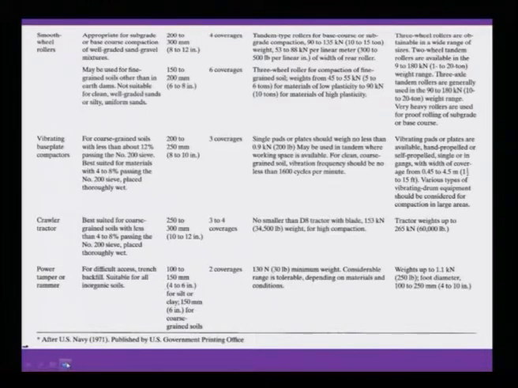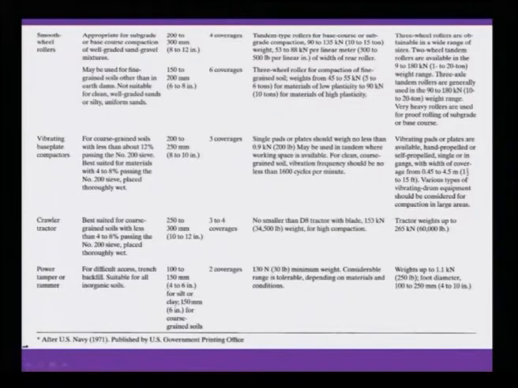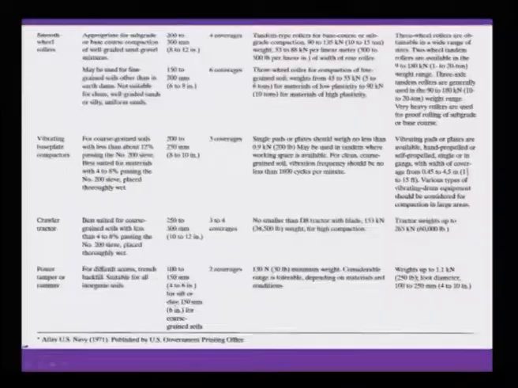It is appropriate for road construction, subgrade or base course compaction of well graded sand gravel mixture. Generally, how many passes do you want to give? Generally 4 passes will be enough. So these are all the compactive effort and pressure, given in detail.